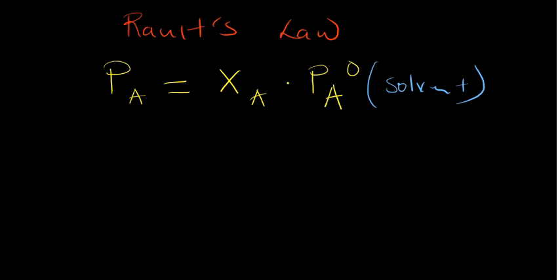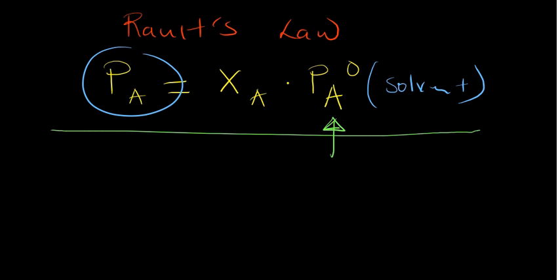The resulting vapor pressure of the solution is going to be lower. That is the argument of Raoult's law. You want to make sure you have the vapor pressure of the pure solvent if you are to determine the vapor pressure of a solution. It will be a necessity that you find that value.